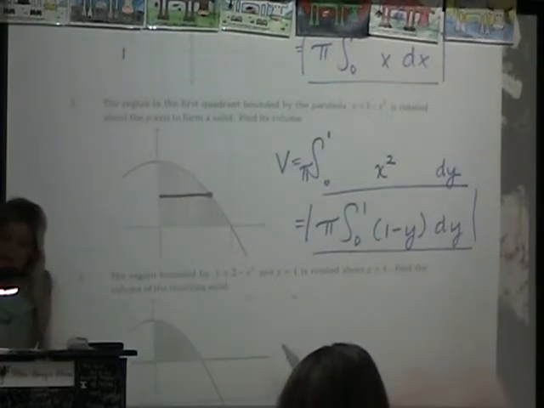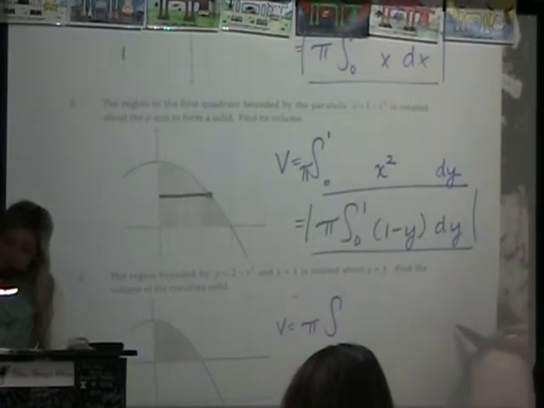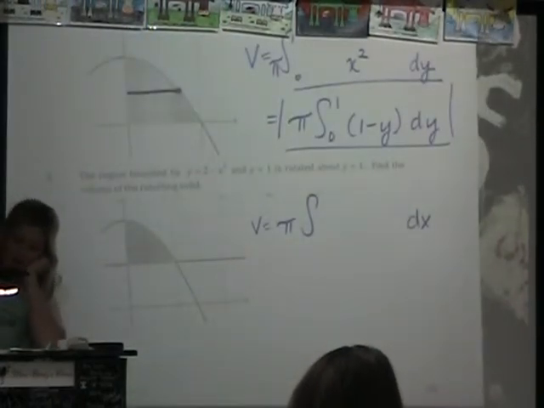All right, so let's set it up. Volume equals pi times the integral, and we said it is dx. And it's still the disk method. Let's talk about our bounds. Do we use x values or y values? We use x values because we're integrating dx.